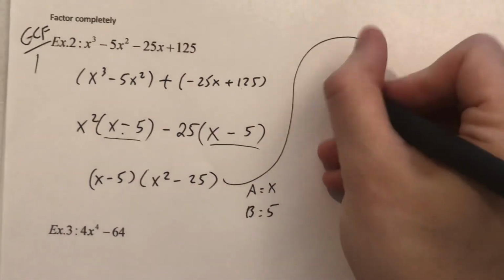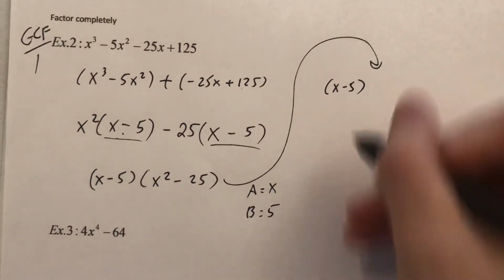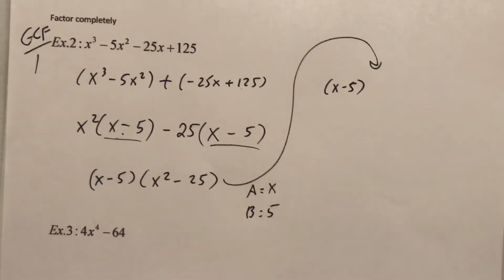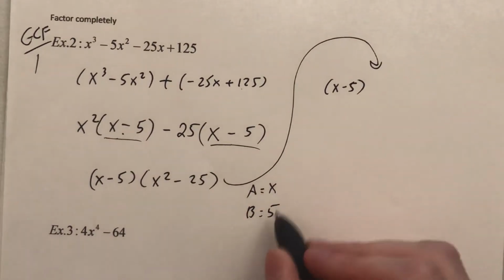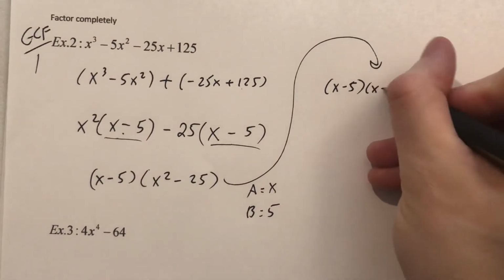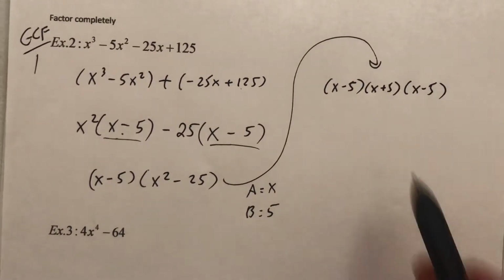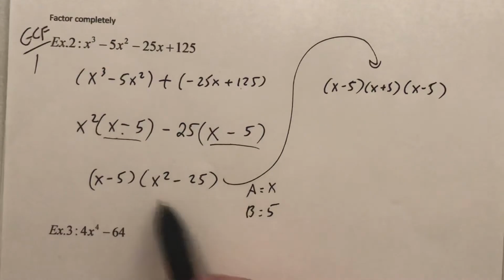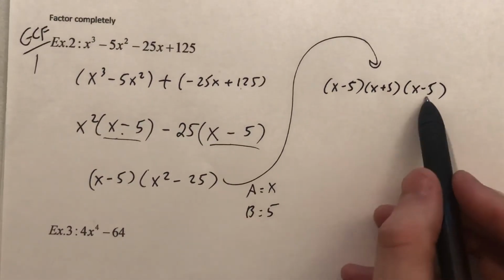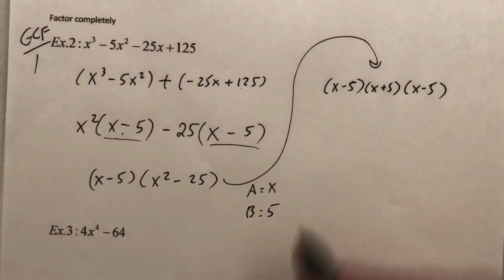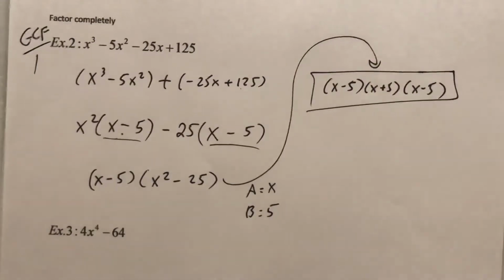So we had the x minus 5 factored out already. That was that big GCF that came out front. This we just saw with a and b will break down to x plus 5, x minus 5, right? A plus b, a minus b. That's that thing breaking down into those 2. Okay? What I will say is that's perfectly fine for a final answer. That's a product, it's fully factored.